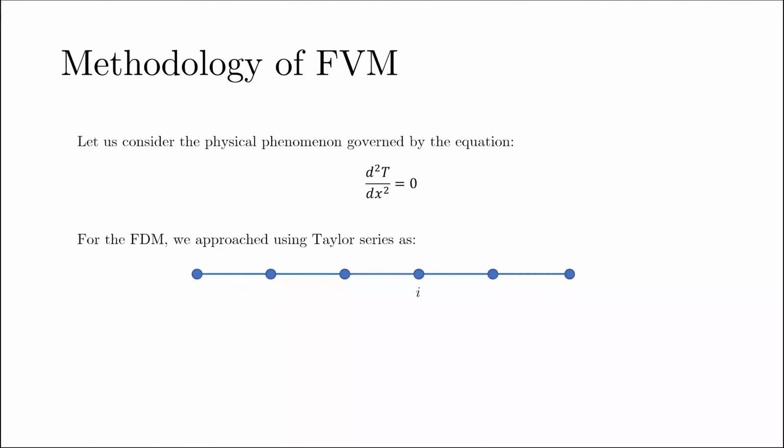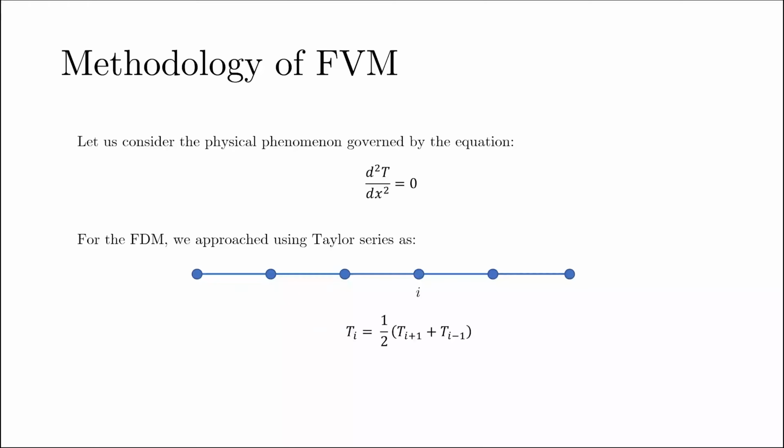If you can't recall it, please go back and check that lecture, that would be very useful. After applying central differencing, we saw that the temperature at this point i was nothing but the average of its neighbors. So this was the methodology of the finite difference method, in which we use the Taylor series expansion in order to arrive at an iterative formula.